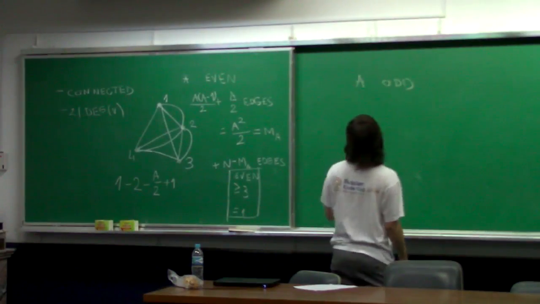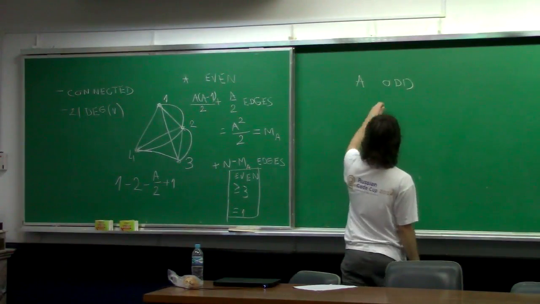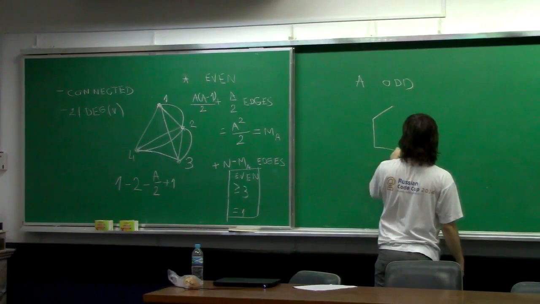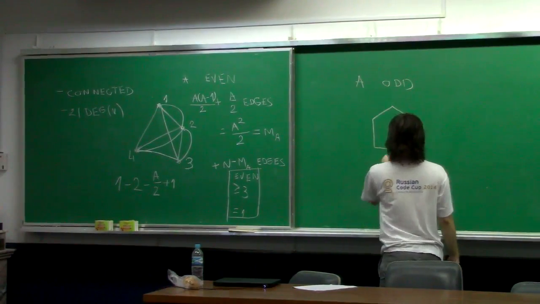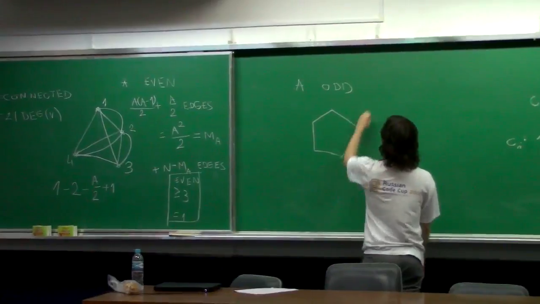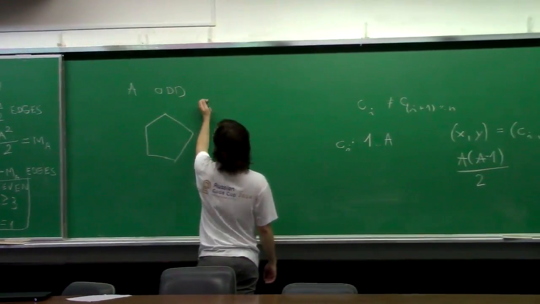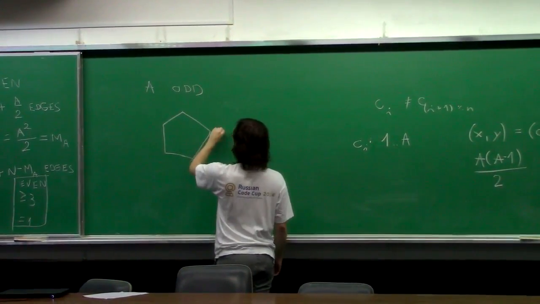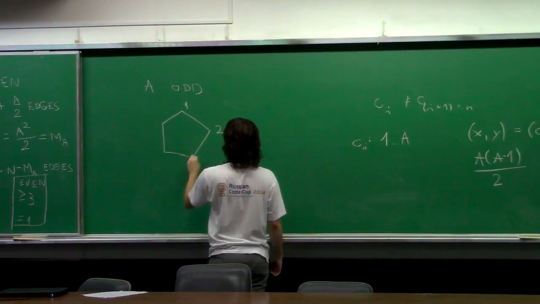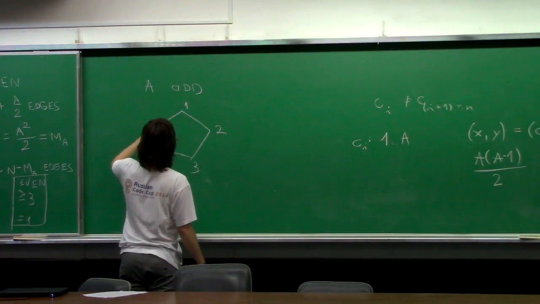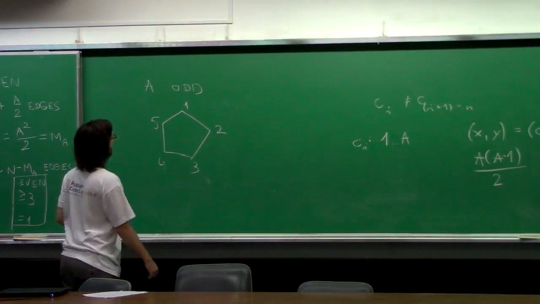Now what about the case where a is odd? A equal to 5. In this case, 1, 2, 3, 4, 5 are the vertices.